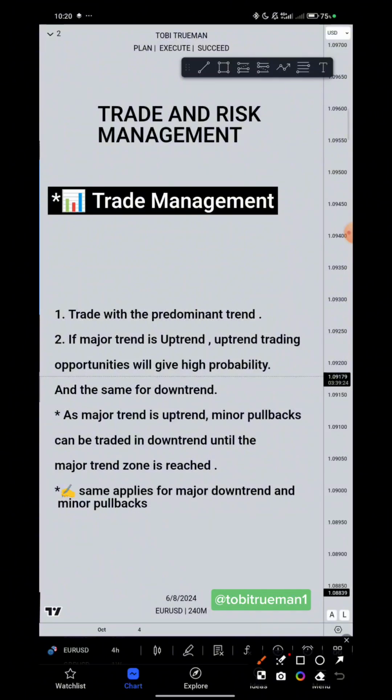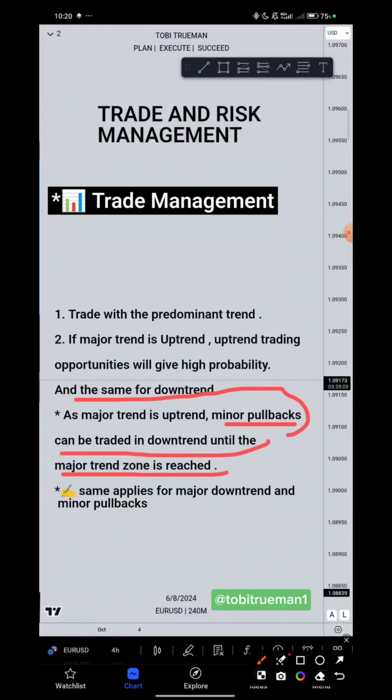If you want high probability, moving with the trend is the best thing to do. Now, as the major trend is an uptrend, minor pullbacks can be traded in the downtrend until the major trend zone is reached. The same also applies for a major downtrend or minor pullback.